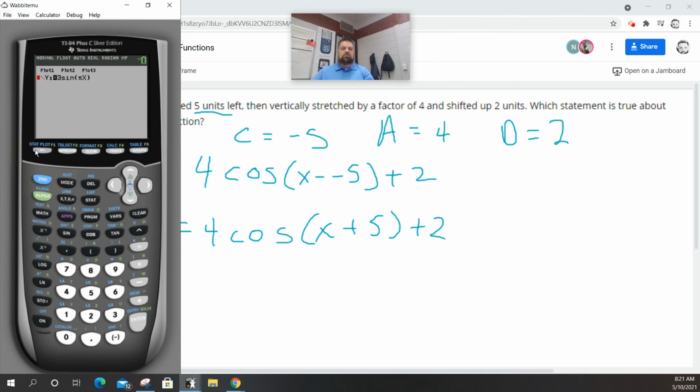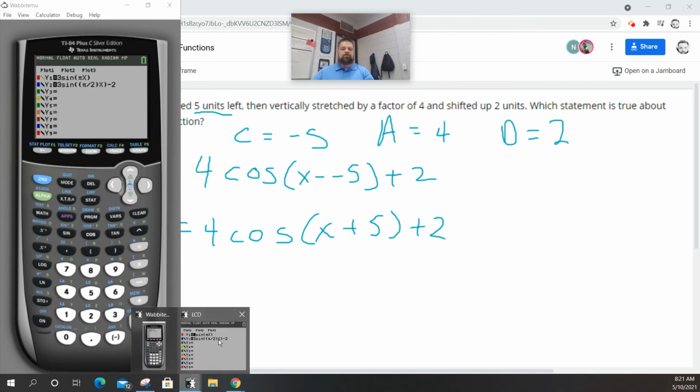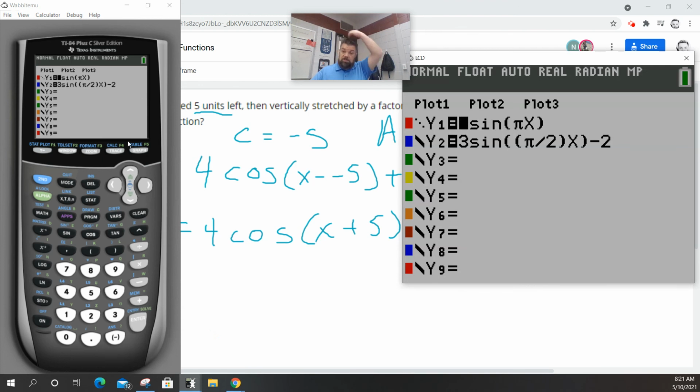So if I go in here, I'm going to clear this out, 4 cosine of x plus 5, plus 2.